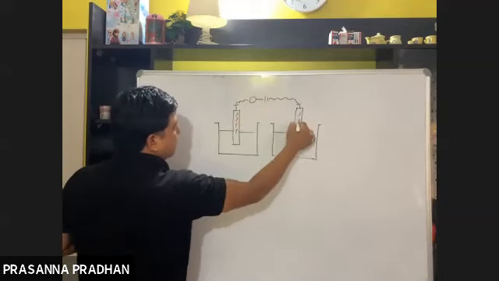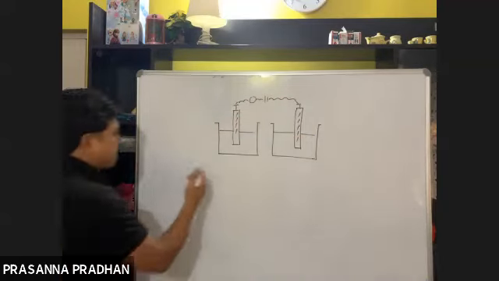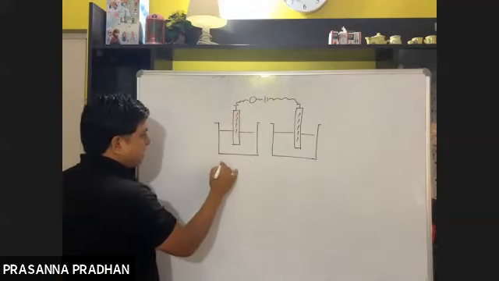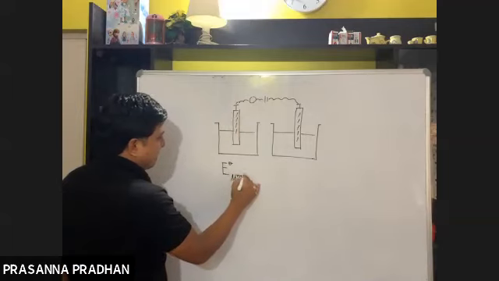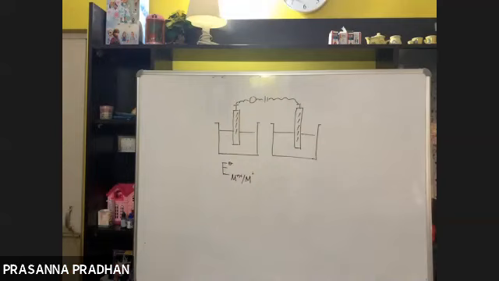So this is the anode part and this is the cathode part. Now, suppose I want to measure the standard reduction potential of this particular electrode A. How do I measure it? What is the technique for measuring the standard reduction potential?